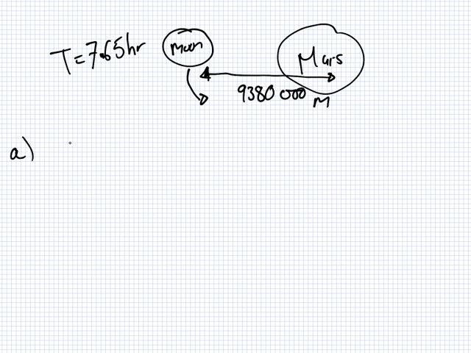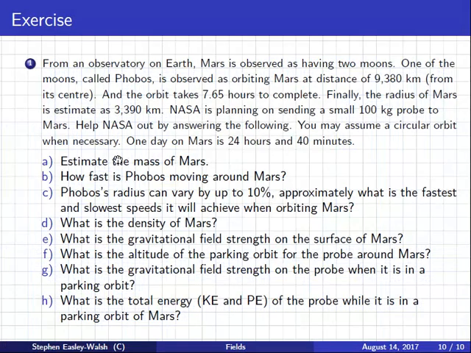Kepler said T squared equals 4 pi squared over GM, times r cubed. Now, what am I looking for first? The mass, yeah.